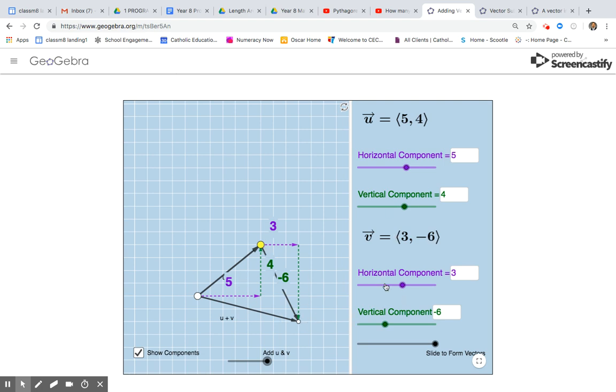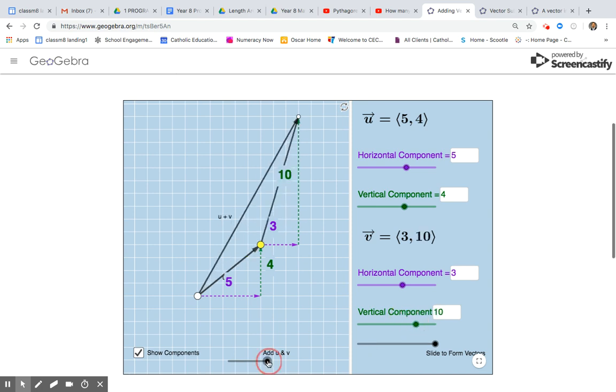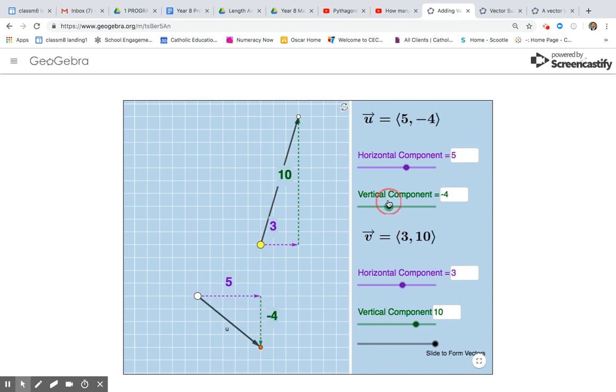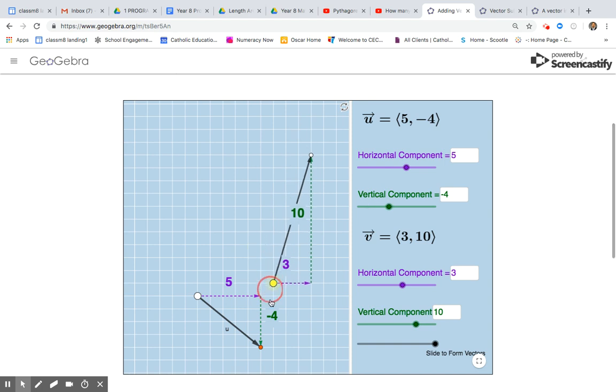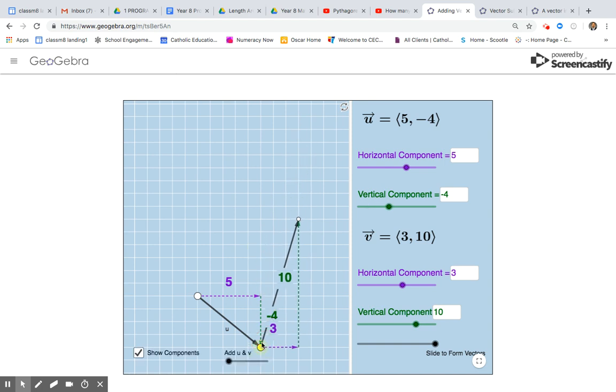Again, if we were to change these vectors a bit, just by changing these vectors, we'll take that first one down to there. So if we were adding these two vectors now, we've got 5 and 3, so that would be 8.